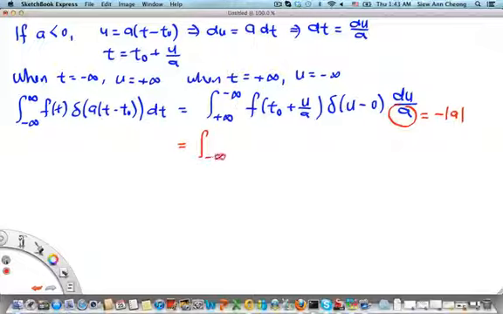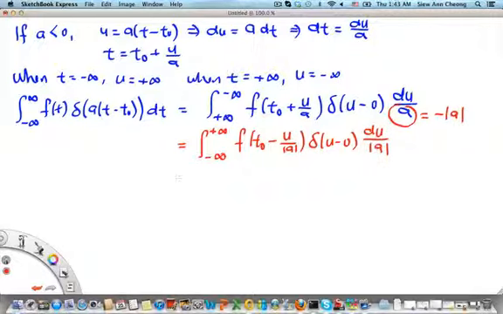So we end up starting from minus infinity and ending at plus infinity of f of (t naught minus u over the absolute value of a) times delta(u minus 0) du over the absolute value of a.